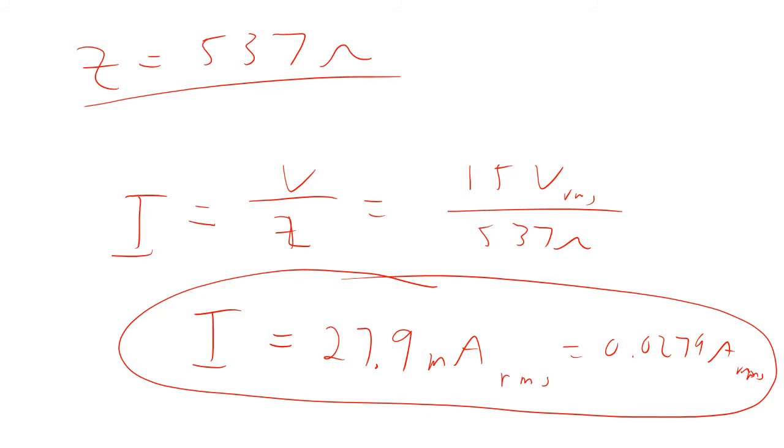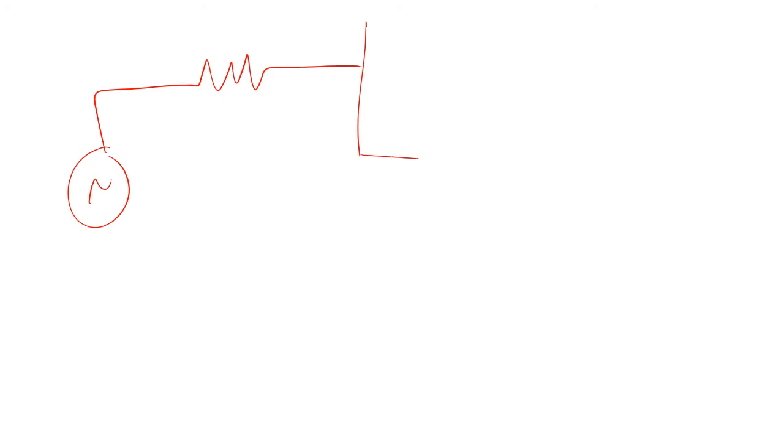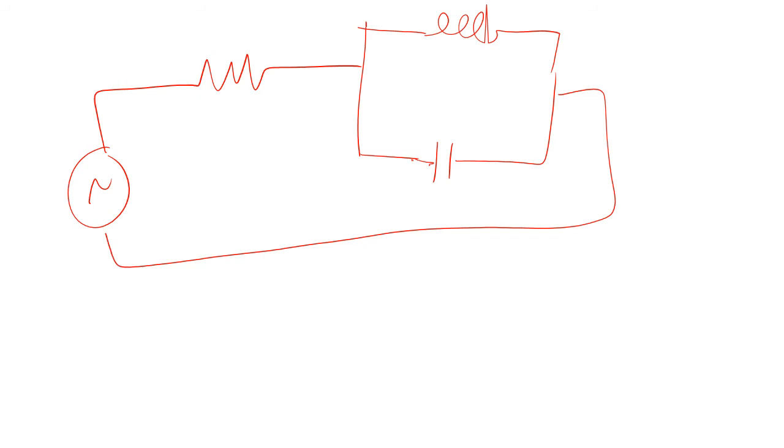Now notice what we had here. For this circuit, in which we had the resistor, and then we had the capacitor and the inductor. Now notice that's not exactly how I drew it last time, but this does exactly the same thing.